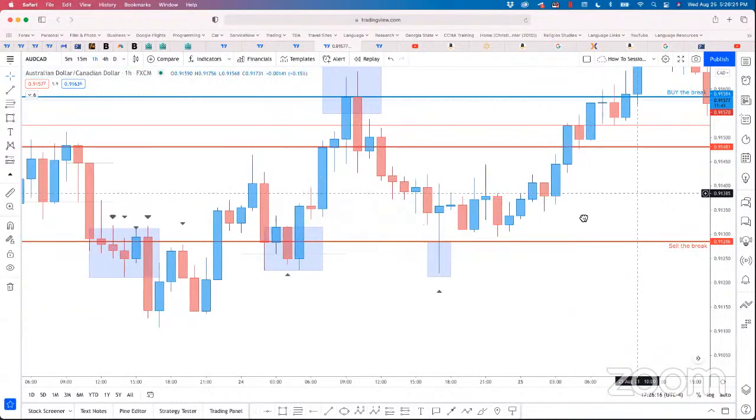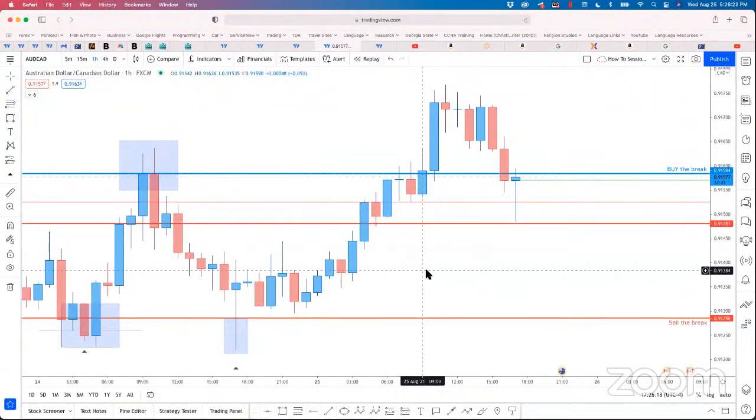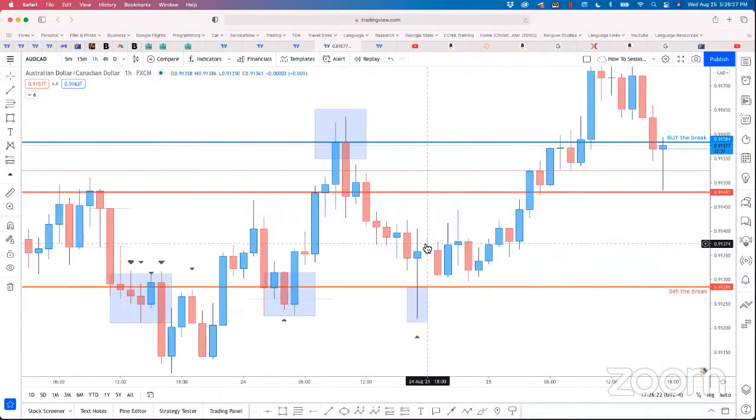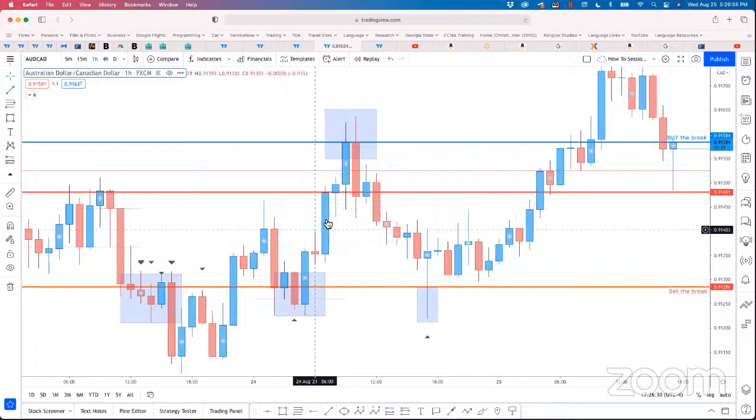Let me find another good example. Let's see, one over here. This one missed it right here, but Omar pretty much did the same thing right here. It missed it. There was your wick high. There's the candle trading through it. This one came down to almost touch it, but that's okay.